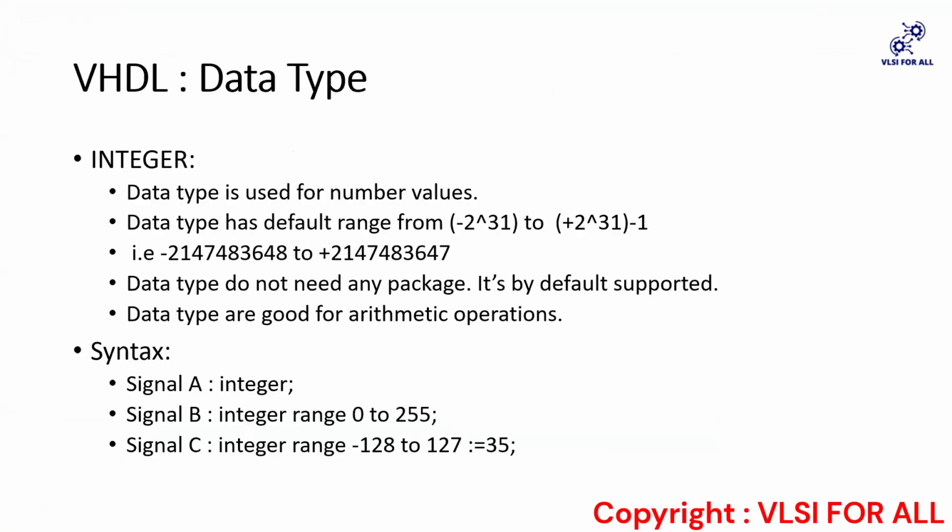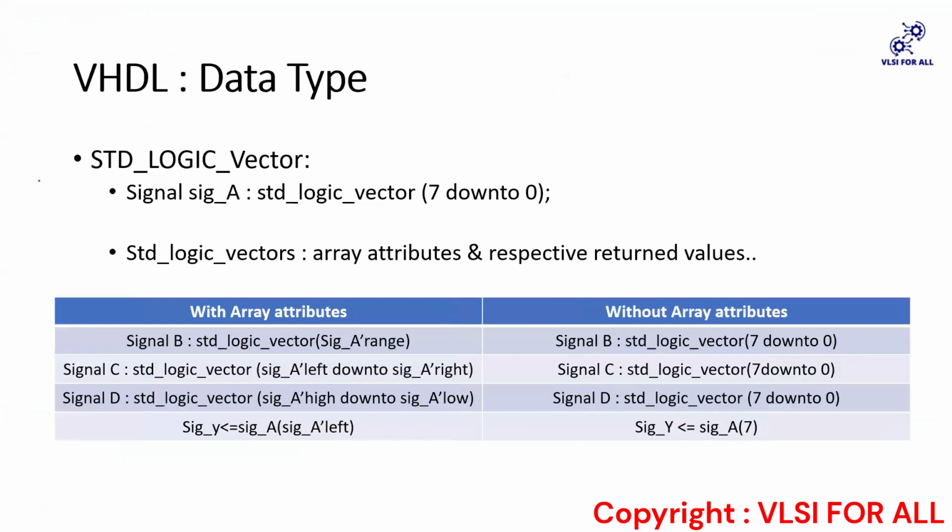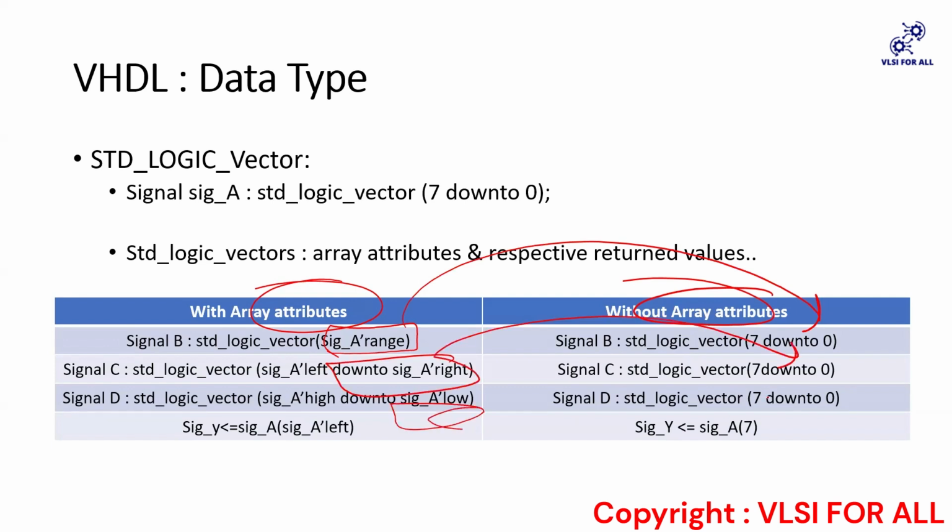So yesterday we just covered the vectors of STD logic, and then the attributes, with and without attributes. These attributes will return the value, and the same will reflect while you are using the attributes.